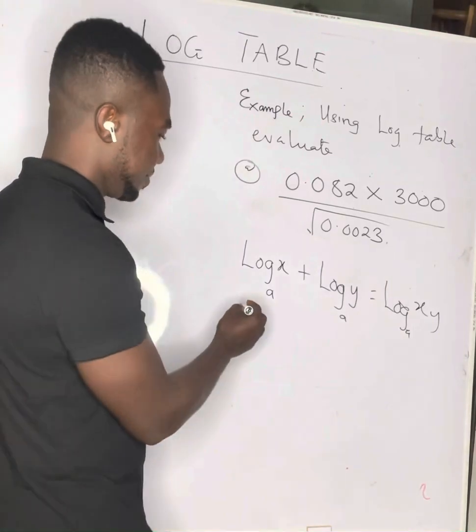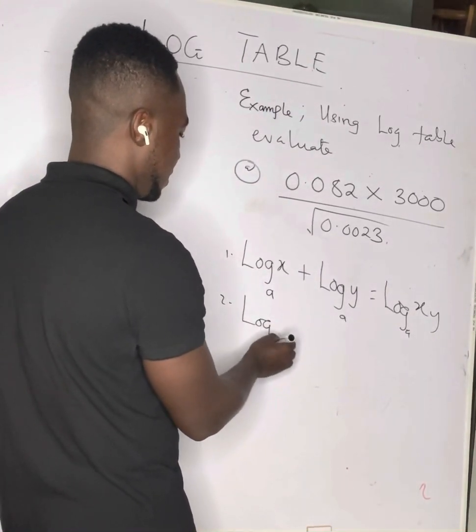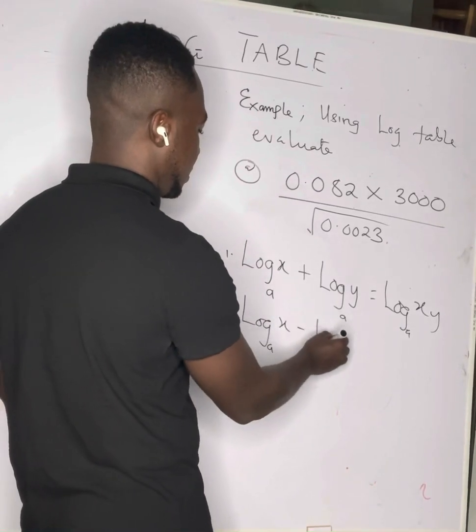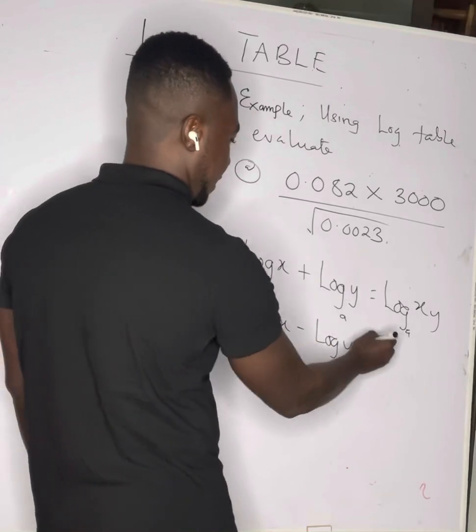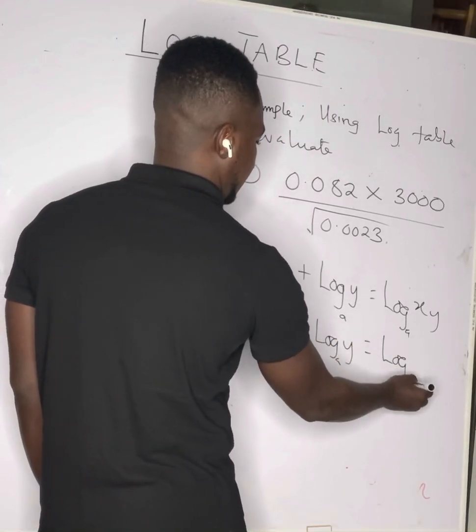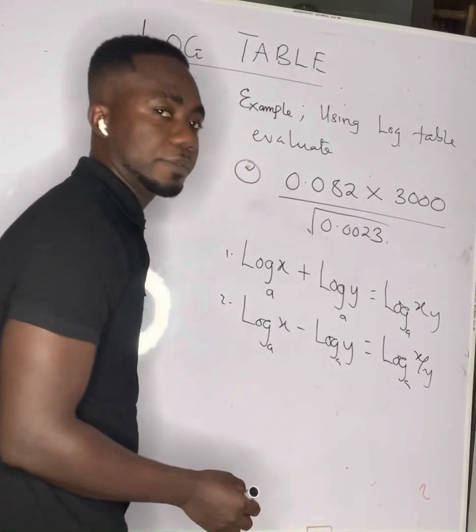They have the second one. You have log base a of x minus log base a of y, the same base, subtraction turns to division, x over y.